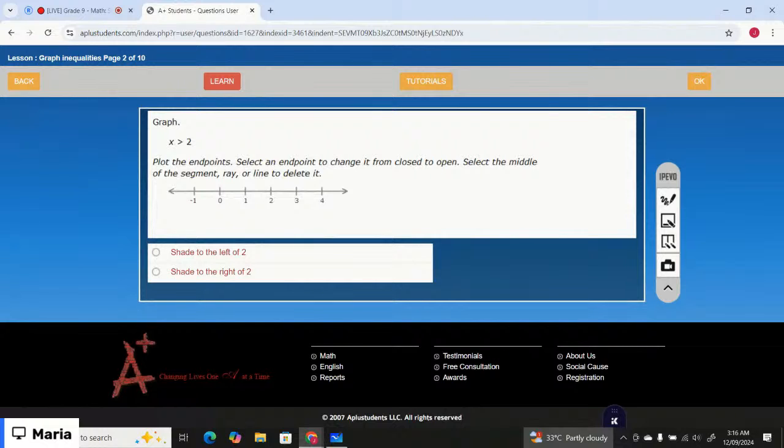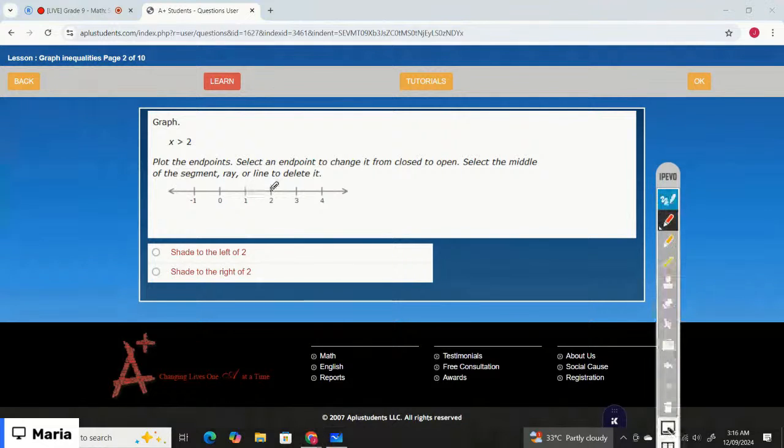Graph x is greater than 2. So which is the correct option? x is greater than 2. So here we have 2, right? All the values on the right-hand side are the solution of the inequality.